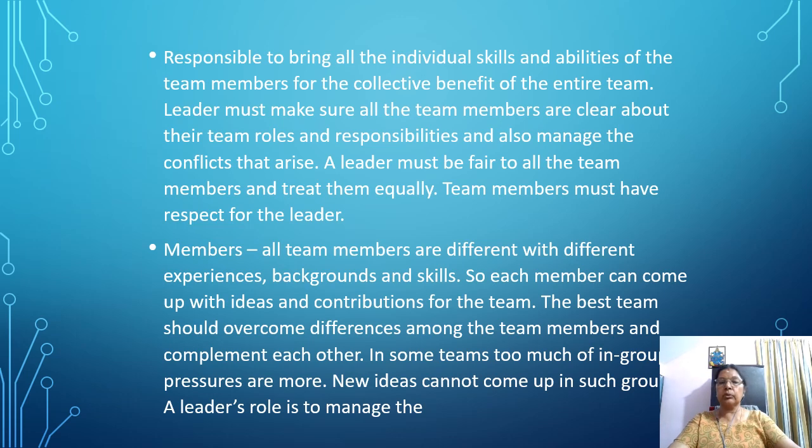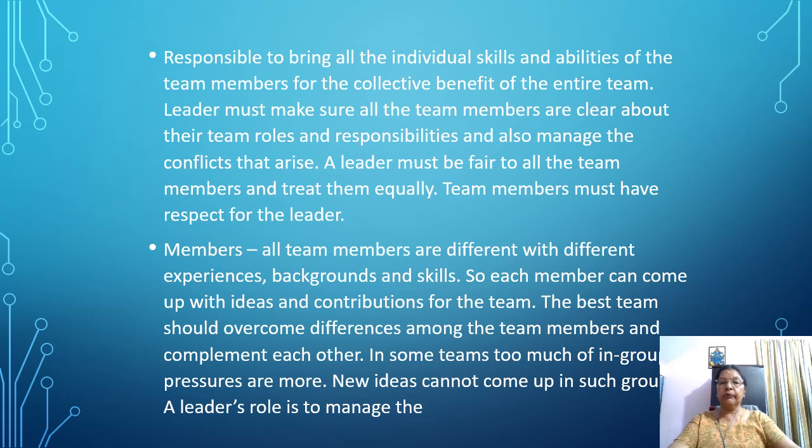So, he should make sure of the roles and responsibilities of each team member, and he should make sure there are no conflicts between them. He should treat all the team members in a fair manner. He should treat them equally. He should not have any favoritism, and the team members also in turn should have respect for their leader. They should be ready to accept his authority and power.